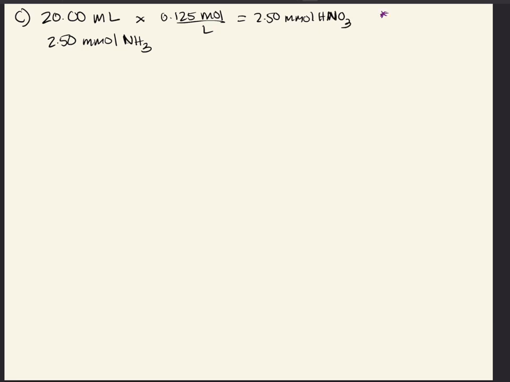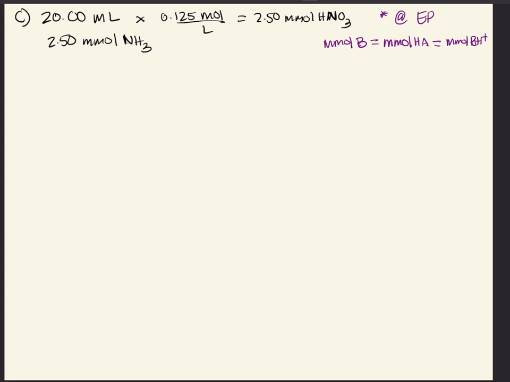So what this means is they are equal, so we are at the equivalence point. And remember, at the equivalence point, the millimoles of your base is going to be equal to the millimoles of your acid. And for a weak base, strong acid titration, then that's also going to be the millimoles of your conjugate acid.